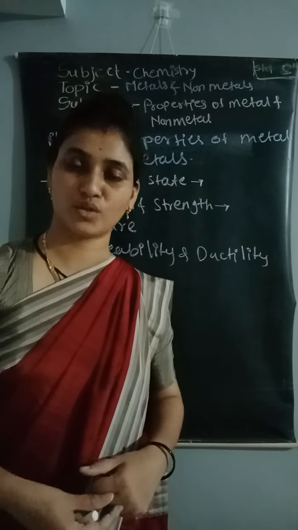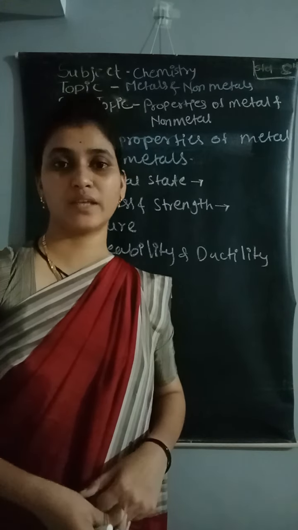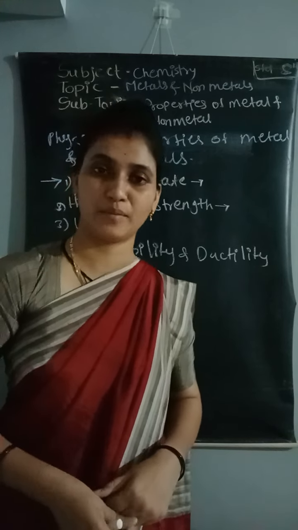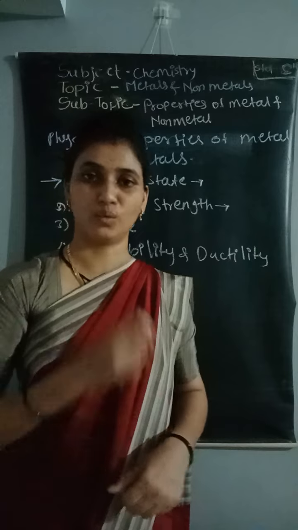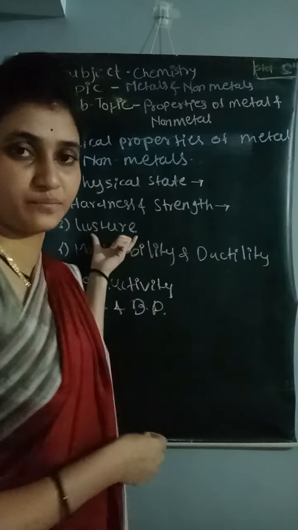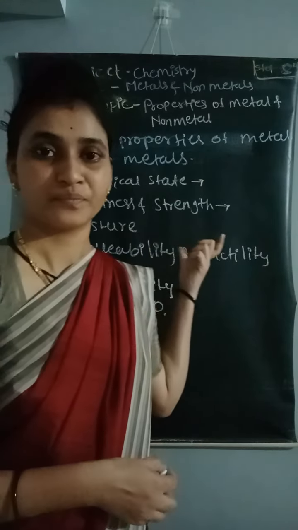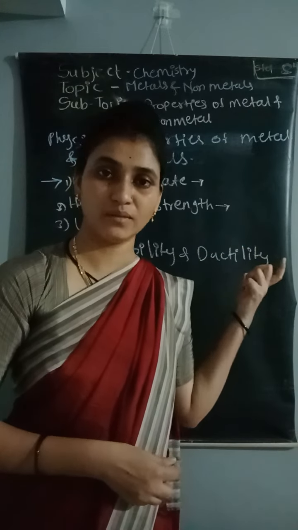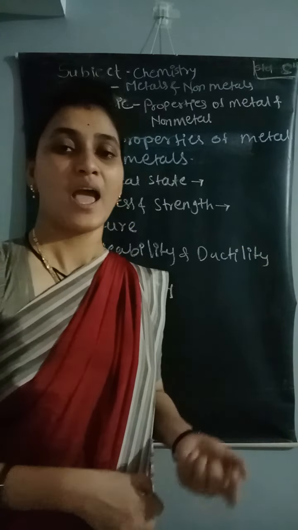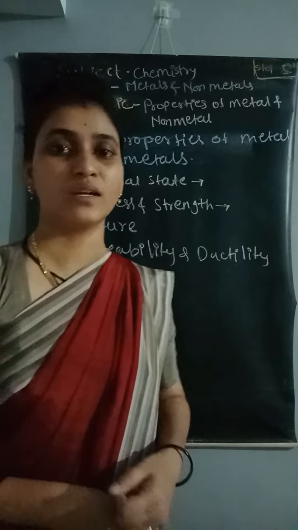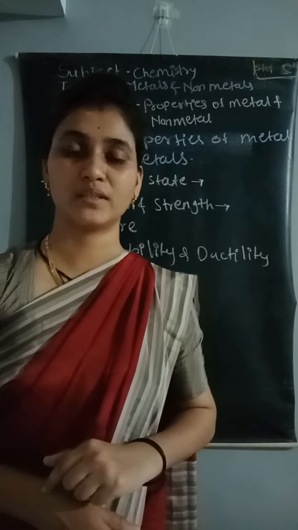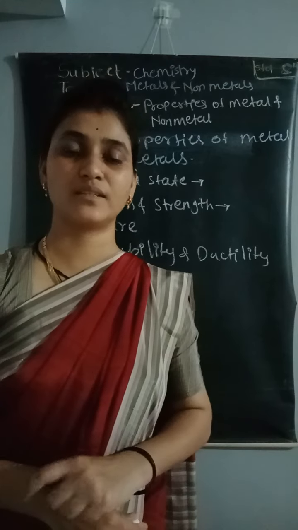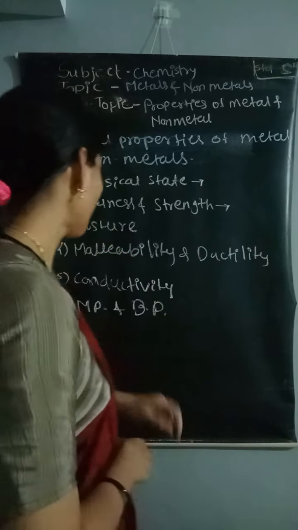Non-metals are soft, but here the exception is diamond. Diamond is the hardest substance, as we know. After that, luster. Metals are very shiny, and non-metals are not that shiny. The exception among non-metals is graphite. Graphite is shiny.